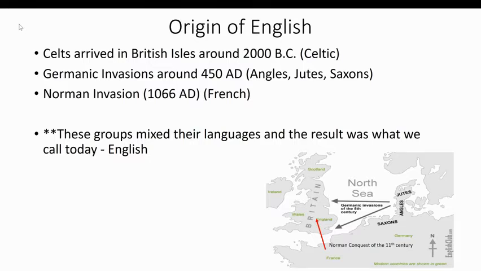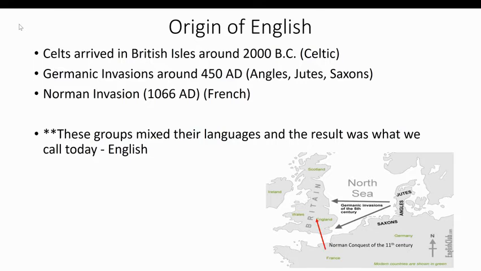In 450 AD, groups from what we would call today Germany and Denmark invaded Great Britain. And you don't need to know why. You'll learn about it in world history. But as those Germanic tribes, the Jutes, the Angles, and the Saxons, invaded, they subjugated, mixed with, and pushed out those Celtic people.